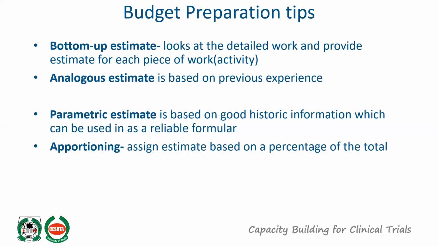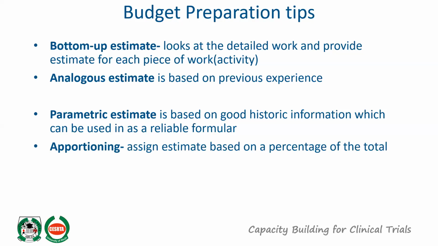And we have apportioning. This assigns an estimate based on the percentage of the total. There are certain times when you want to develop your budget, and the funder may tell you the percentage for personnel.